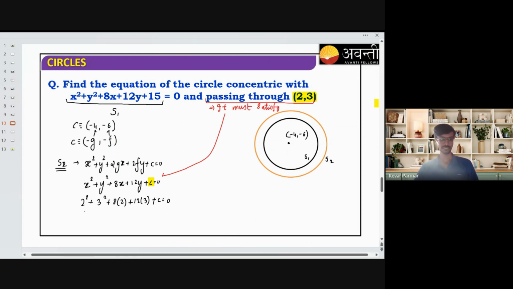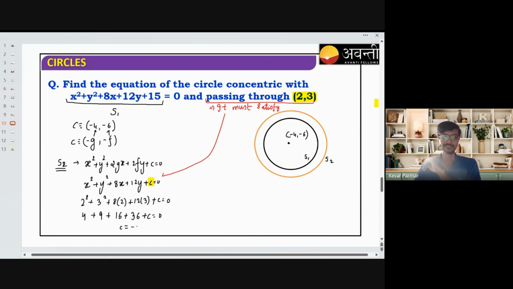So I think this is 4 plus 9 plus 16 plus 36 plus c equals to 0. So what value of c did I get? 13, 29, plus 36, it is 65.